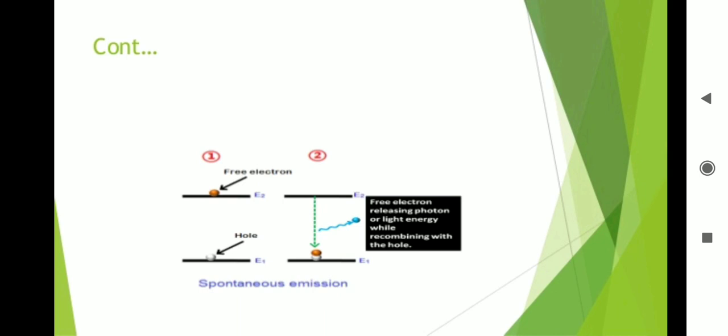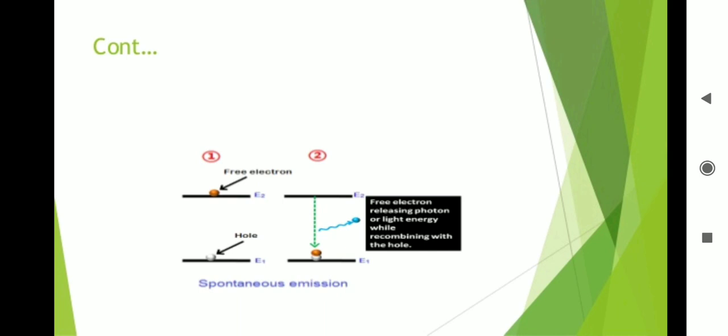This energy is emitted as a photon in the form of an electromagnetic wave, generating a photon of energy. This process is termed spontaneous emission. This radiation emission phenomenon is usually seen in optoelectronic devices such as LEDs.